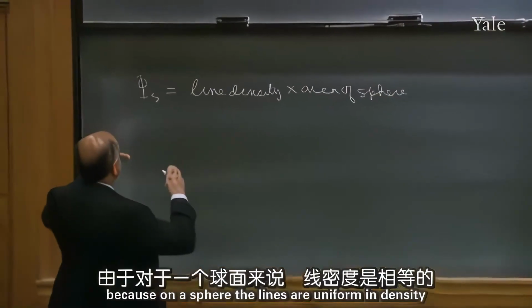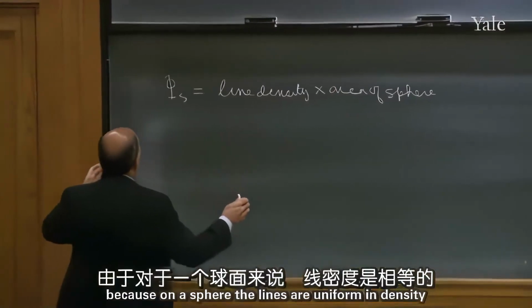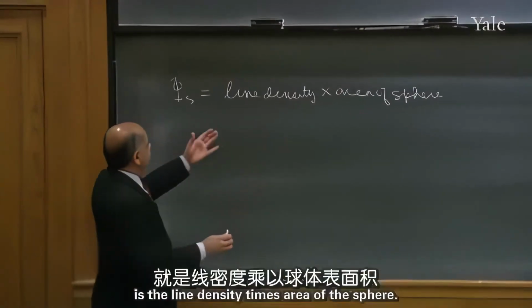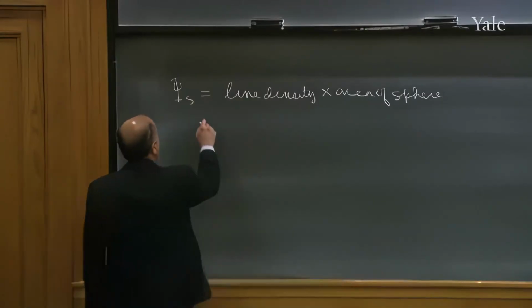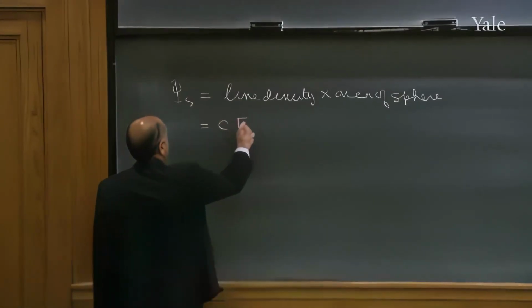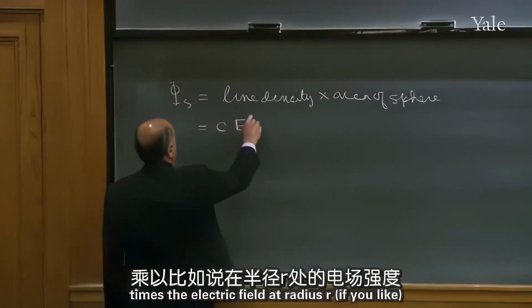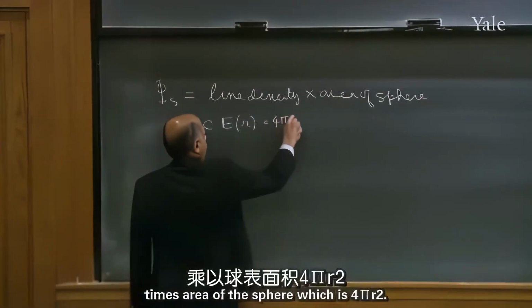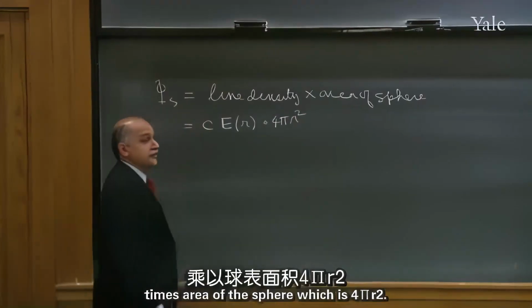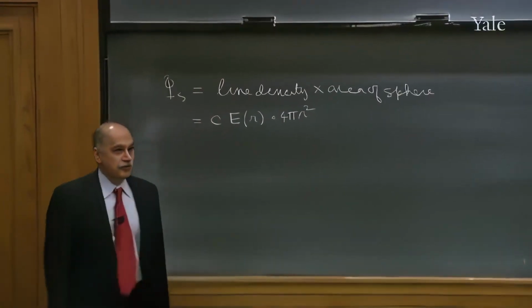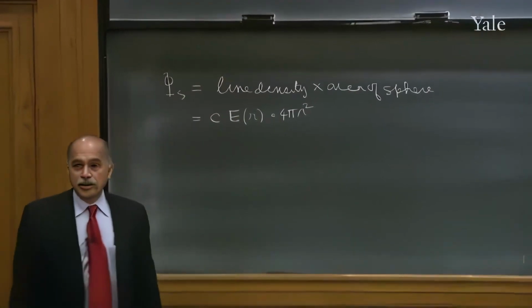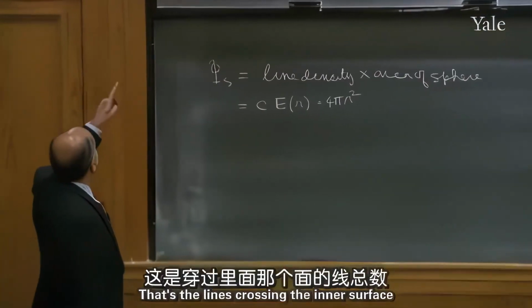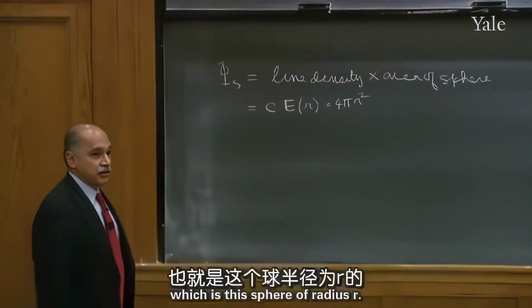Because on a sphere, the lines are uniform in density, so the total number crossing the sphere is the line density times area of the sphere. But the line density is a constant times the electric field at radius r, if you like, times area of a sphere, which is 4 pi r squared. That's the lines crossing the inner surface, which is the sphere of radius r.